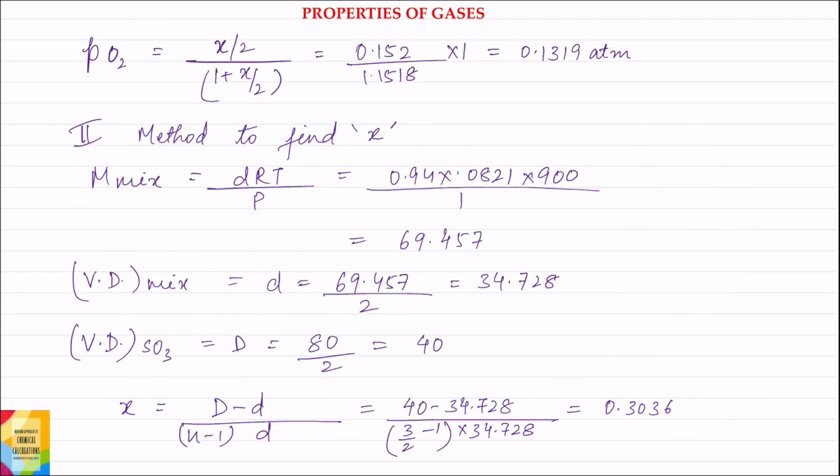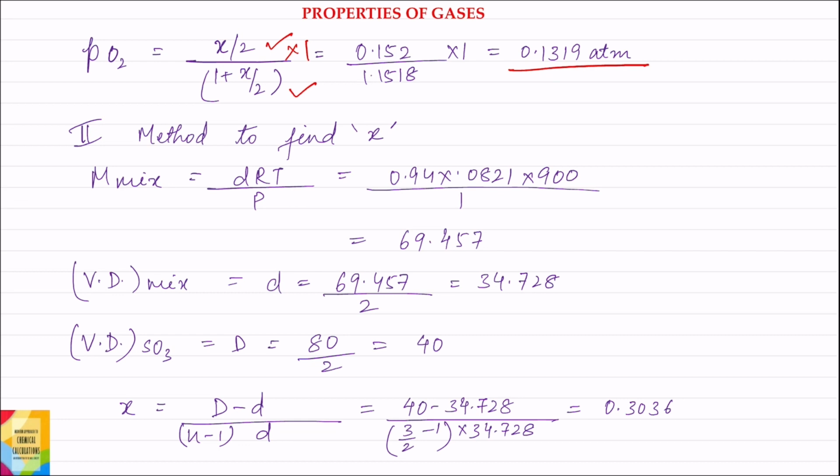Now partial pressure of oxygen is moles of oxygen at equilibrium, that is x by 2, divided by total number of moles, that is 1 plus x by 2, into the total pressure, that is 1. Putting the value of x and solving, the partial pressure of oxygen is 0.1319 atmosphere.